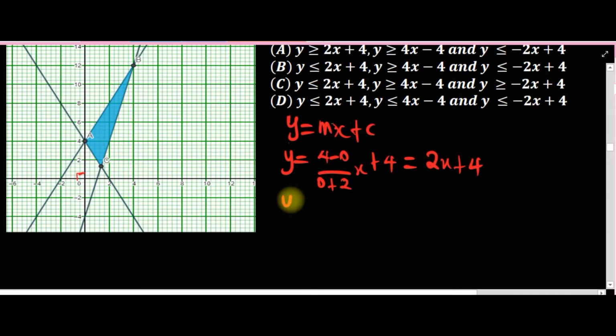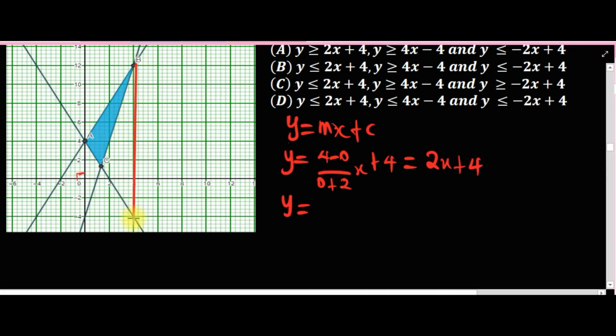So the second one, I want the line passing through B. I will again use a right angle triangle.